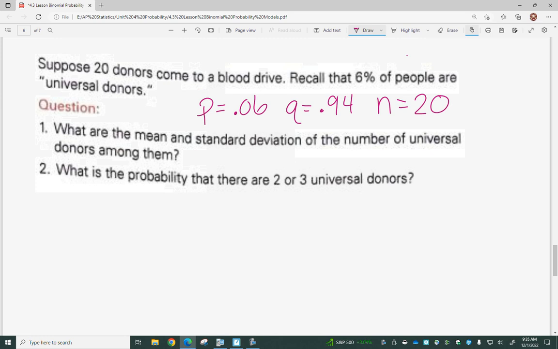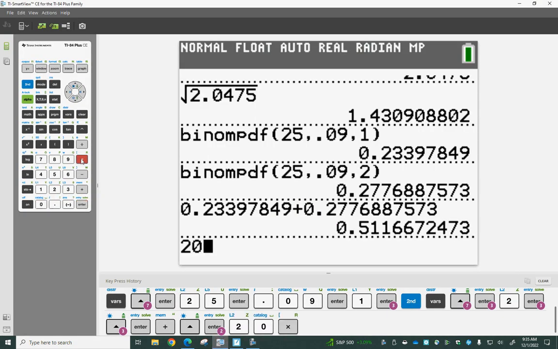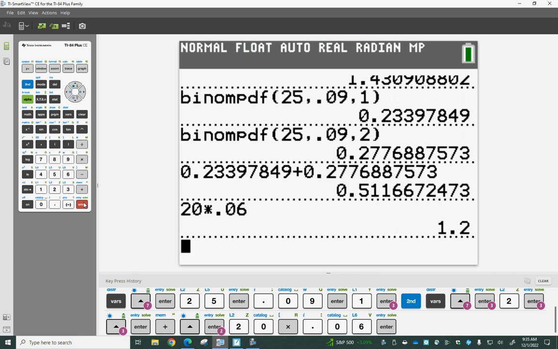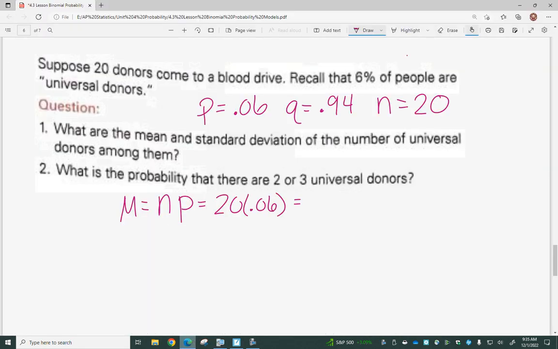And so if we want to find the mean, we would multiply N times P, so 20 times 0.06. And get 1.2. So on average, out of 20 donors, we can expect to see 1.2 donors. And then for our standard deviation, we're going to take the square root of NPQ.